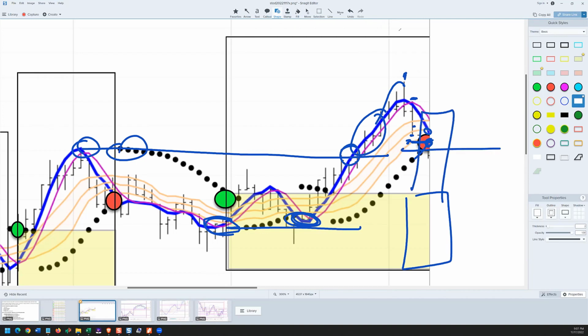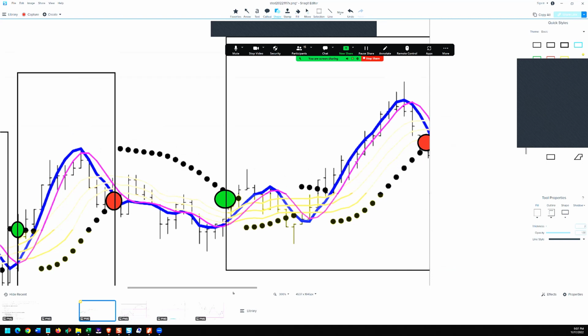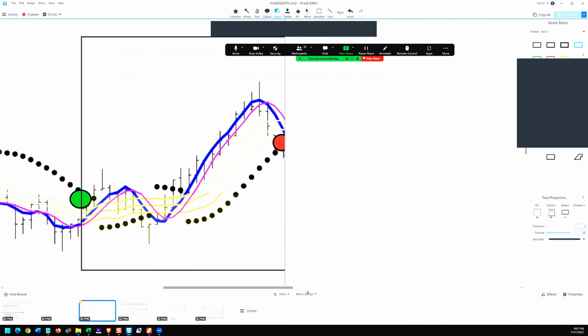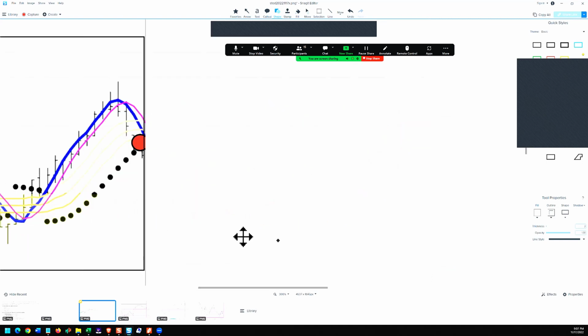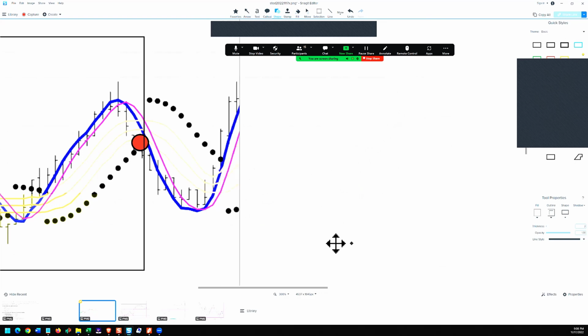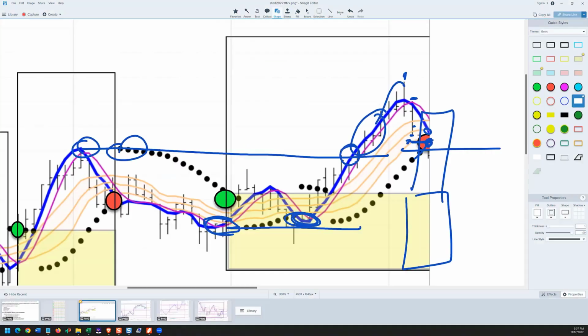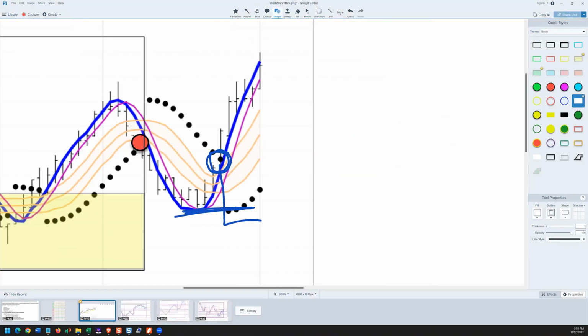So we're just hitting singles and making contact. I missed the Kata 2 because we were so close to the end of the day, but that's what that Kata 2 would look like if you were going to try to trade that last little section.